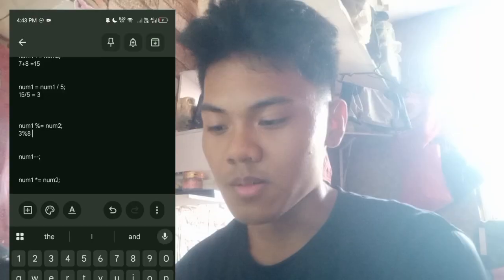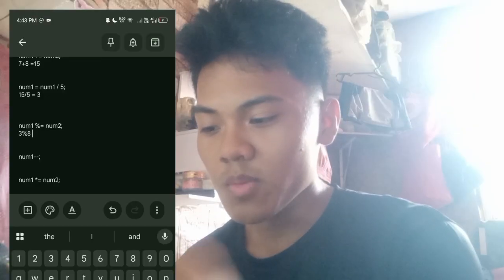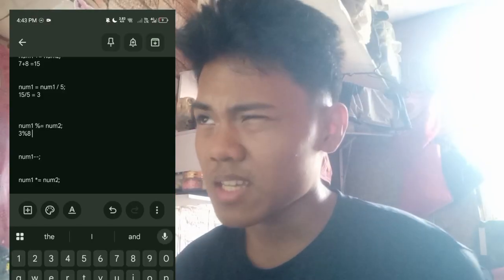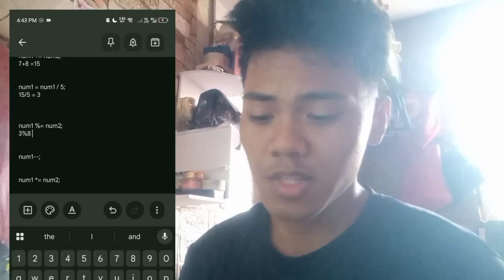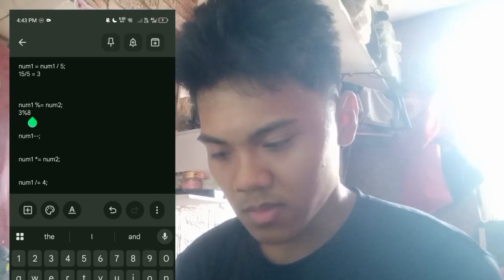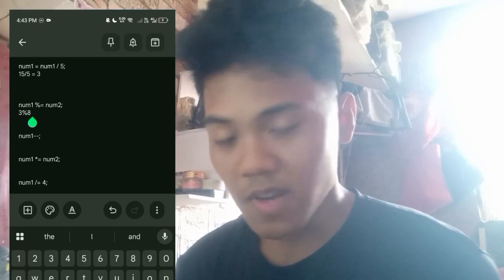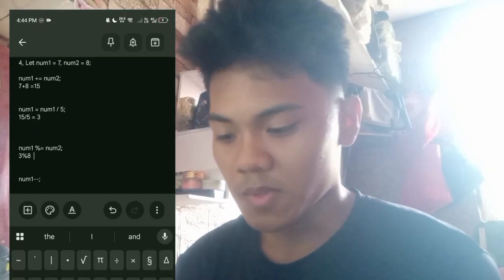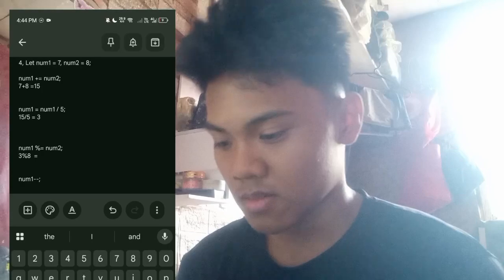Since it will be 0, we only count the leftover one, which is 3. So basically, in programming, 3 modulus 8 will be just 3.